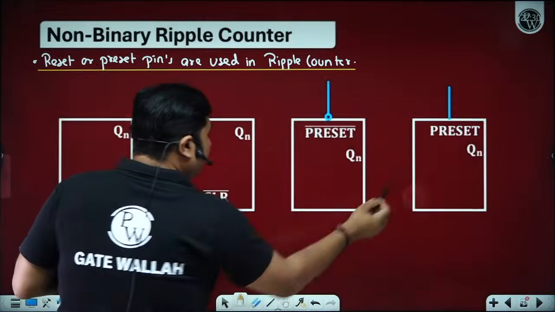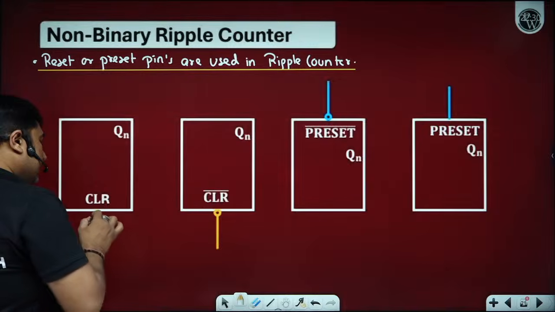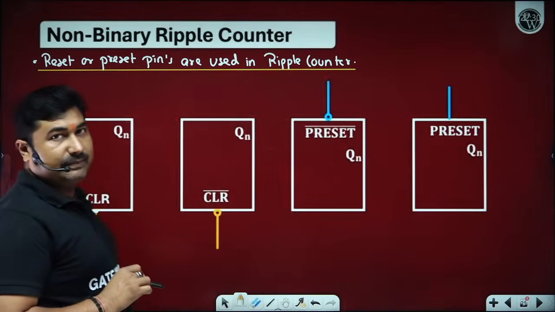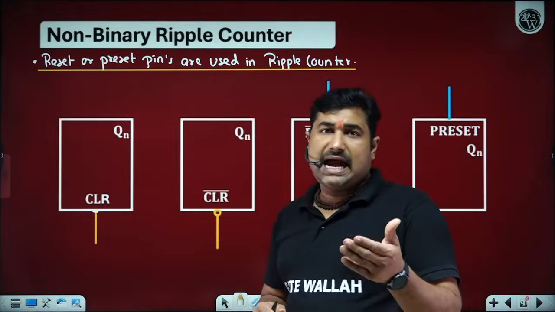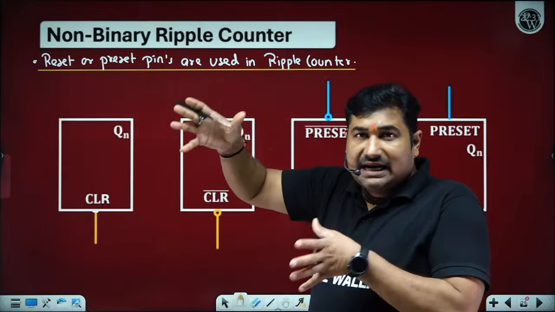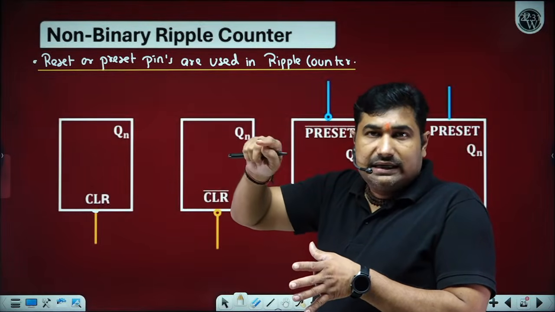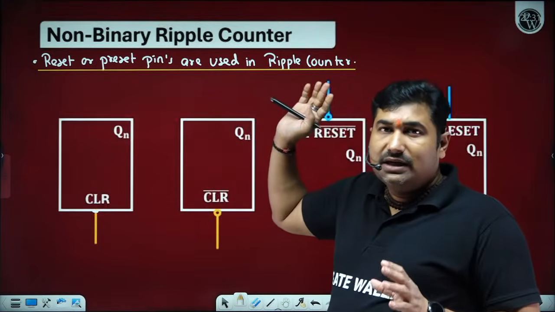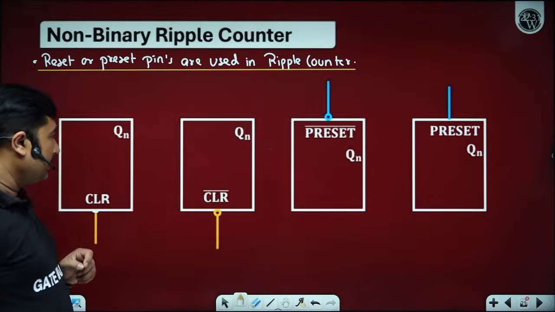It can be a D flip-flop, T flip-flop, JK flip-flop or SR, any flip-flop. Along with the flip-flop, we have a pin called the clear pin. It functions in the same way as we know from the NAND latch. In the NAND latch, we use one enable pin as well, which can either set or reset QN, so that we are using here as a clear pin. Is it okay?